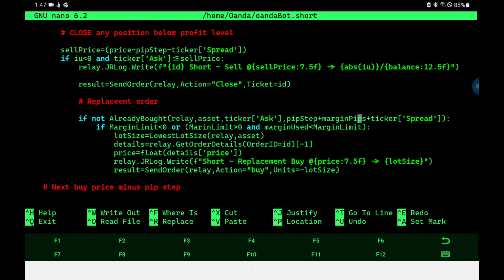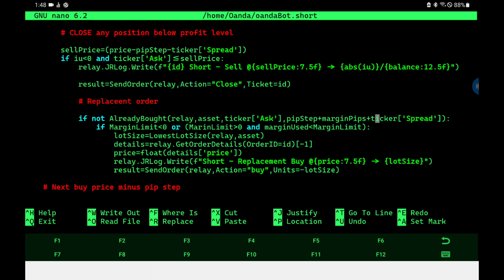Because we actually take into account the actual profit we want. Our absolute, we want 5 pips profit. We take into account the margin we're using, and we take into account the actual current market spread as it changes and fluctuates in real time.